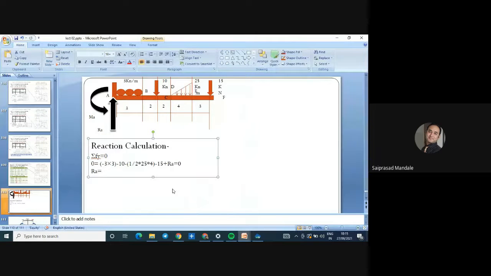So it is minus 9 minus 10, minus 19, minus 50, minus 15. It is minus 84, which means RA is equal to 84. Yes, sir, it is in kilonewton.